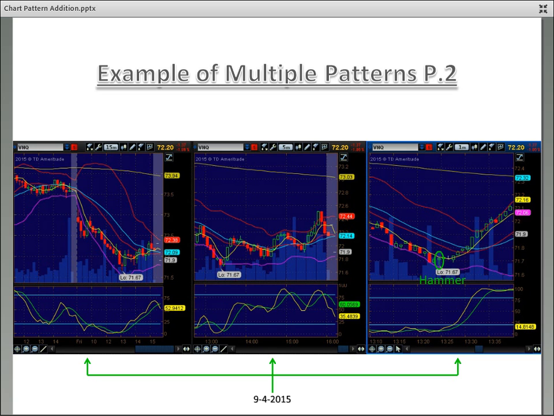Engulfing on the 5 minute. Stochastics. Think about what you guys learned. Look for a market structure high, market structure low.